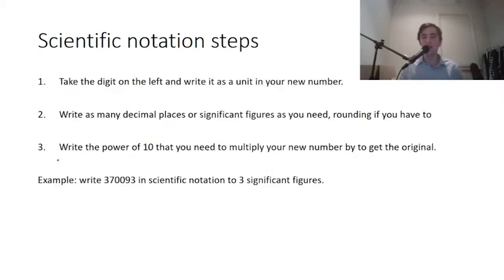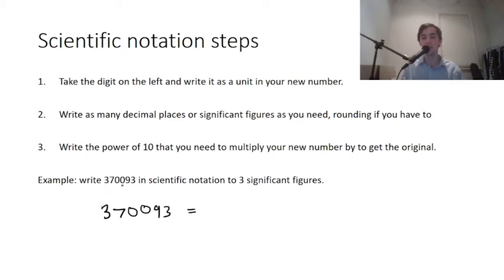Now, I'm not going to explain all these 3 steps, we're just going to do an example. So write 370,093 in scientific notation to 3 significant figures, so we'll get a chance to use that new knowledge. So we take the digit on the left and write it as a unit in the new number. So let's just write the original number here, and we'll write an equals sign because we're just writing the same number in a different way.